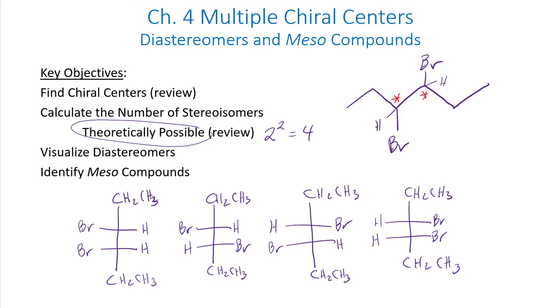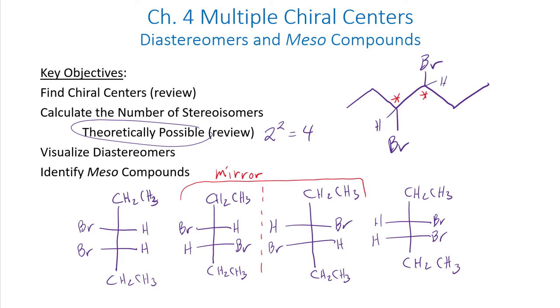And if we look at those, there are a couple of things that we want to notice. First of all, that the two in the middle are actually mirror images of each other.